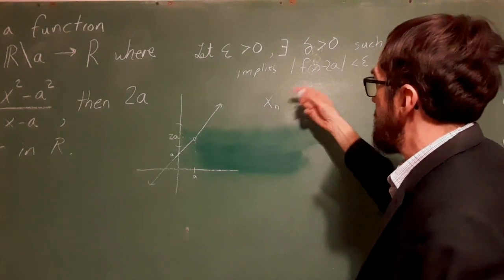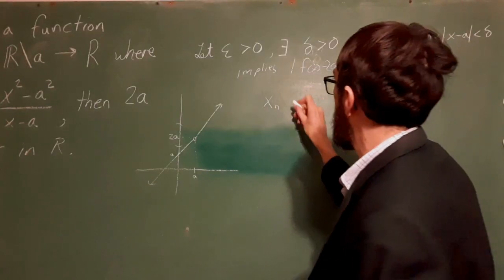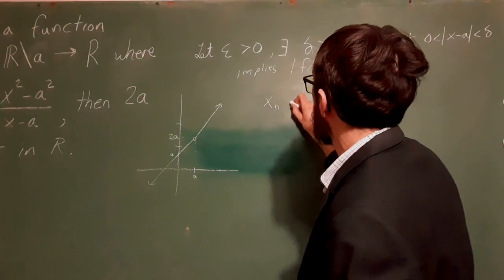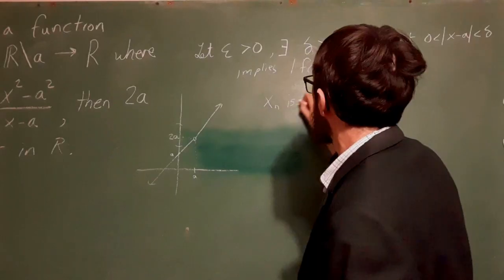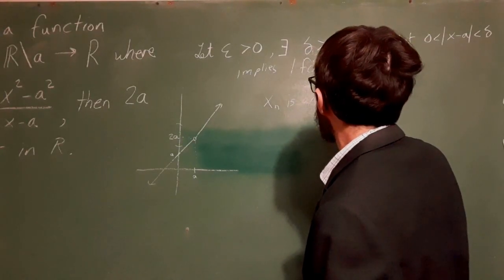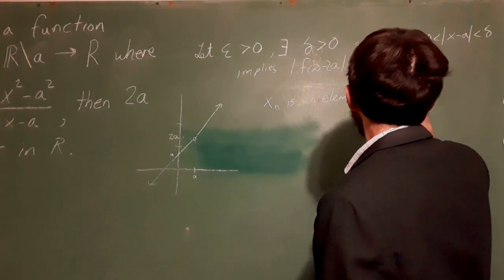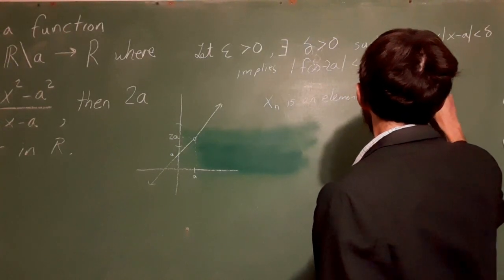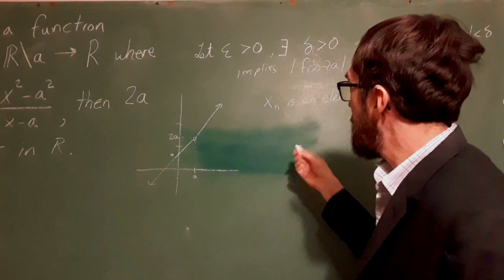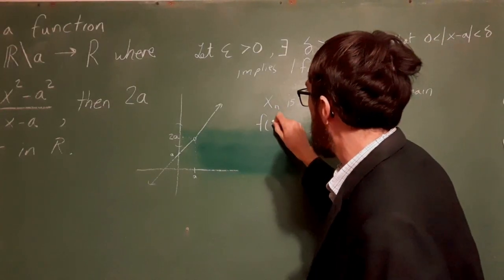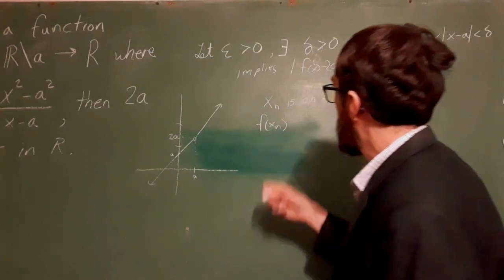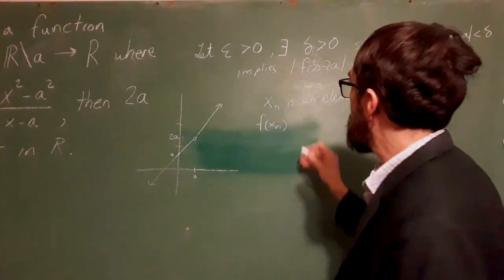So x sub n is an element of the domain. That would mean that f of x sub n would be an element of the range.